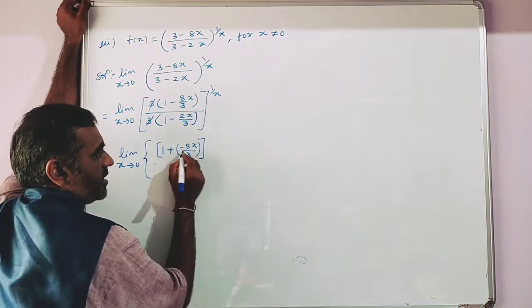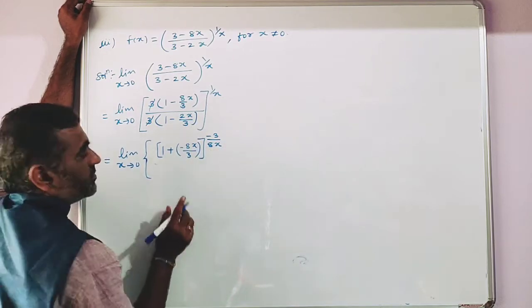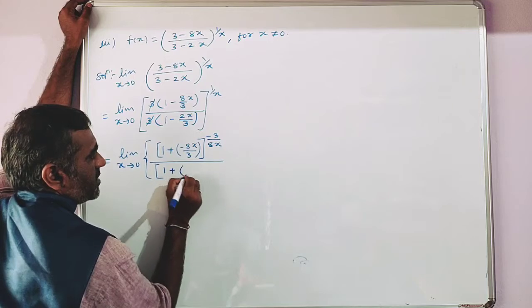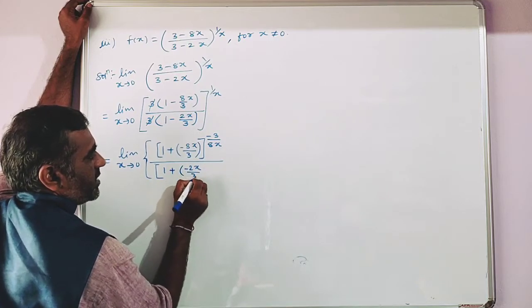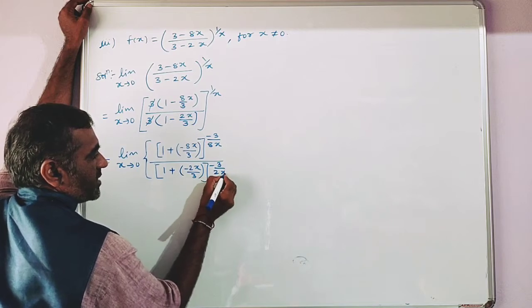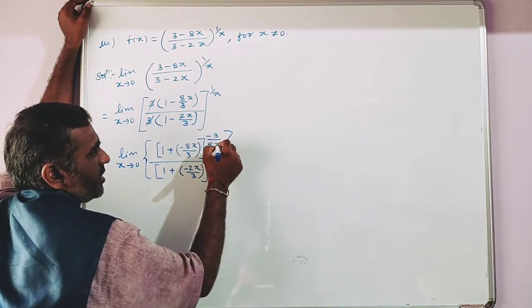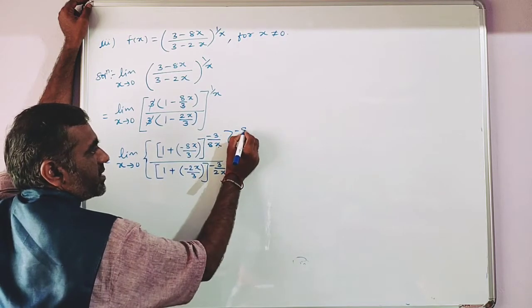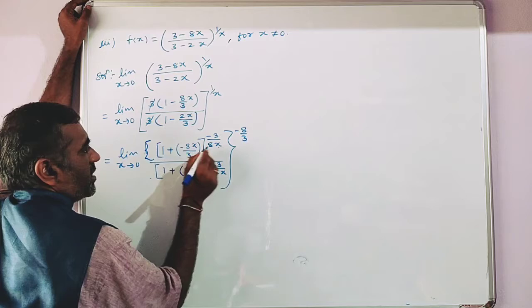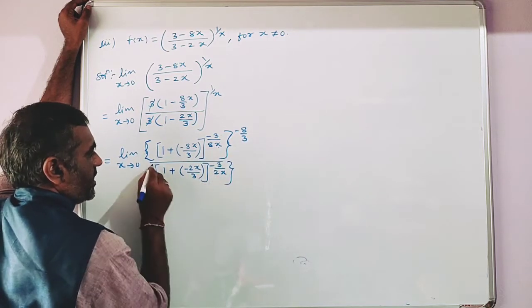What we want here is 1 by x, that means minus 3 by 8x, and here 1 plus minus 2x by 3, that means minus 3 by 2x, bracket complete, raised to, here 1 upon x as it is, means we want here minus 8 by 3, and here minus 2 by 3.